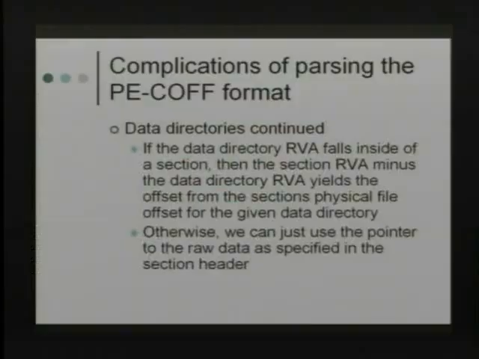And then if it falls inside, what we're going to do is subtract the section RVA from the data directory RVA, and it's going to reveal the file offset, and then we'll just add that to the mapped memory base address, and that'll give us the start of the data directory. If it's at the start of a section, then it's real easy. All we do is use the pointer to the raw data and start going from there.